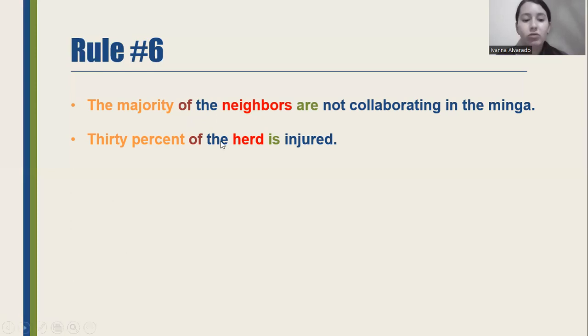In the second sentence, after the prepositional phrase, we use a singular noun. In the first sentence, this plural noun is in concordance with the verb, in this case are.